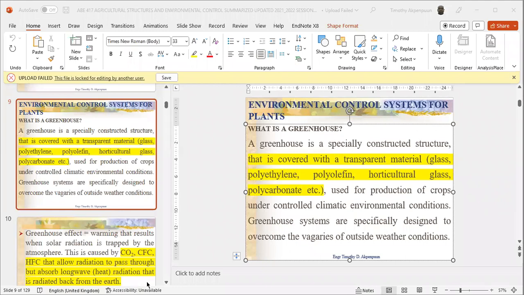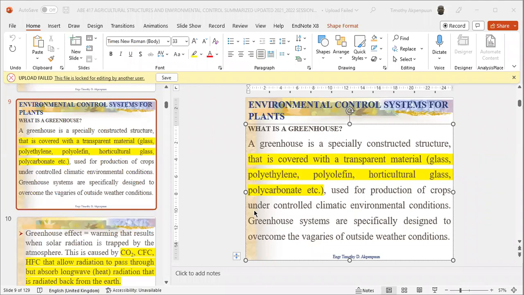Now, what happens to solar radiation in the greenhouse with plants and the greenhouse without plants? Solar radiation will not change.